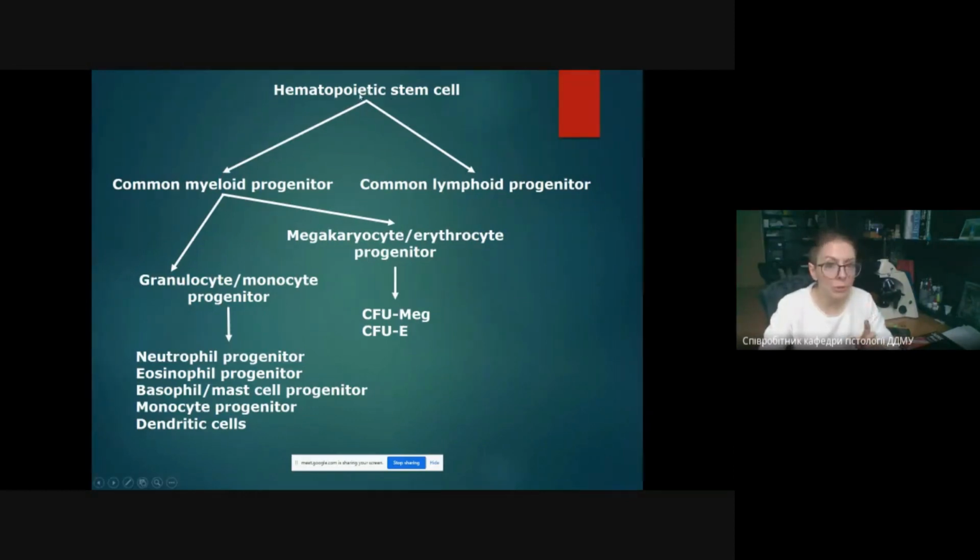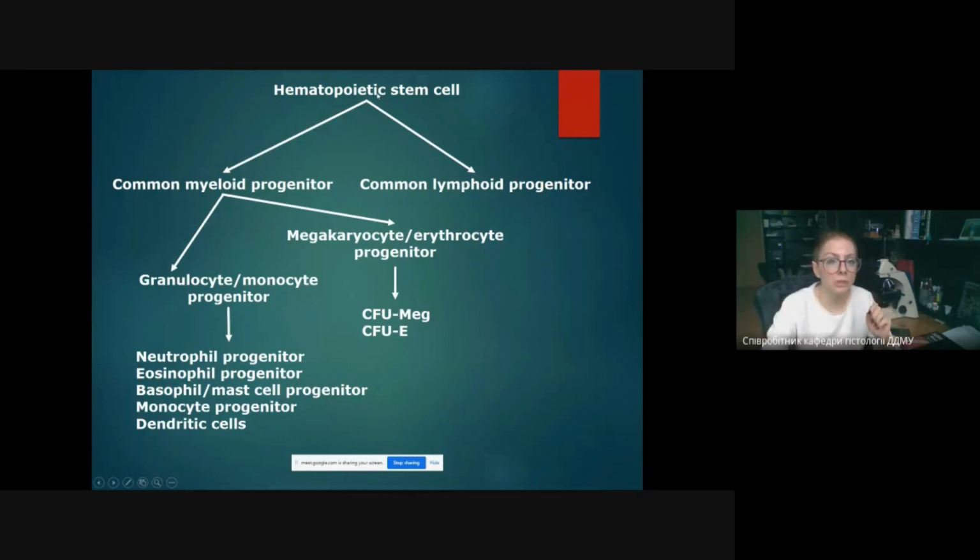This is a very important cell because it gives rise to all our formed elements. After division, it undergoes asymmetric division. Asymmetric means that one daughter cell remains as a stem cell in the red bone marrow, while another daughter cell differentiates, giving rise to either, there are two fates, either a common myeloid progenitor arises or a common lymphoid progenitor is formed.